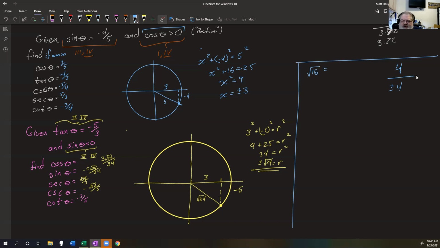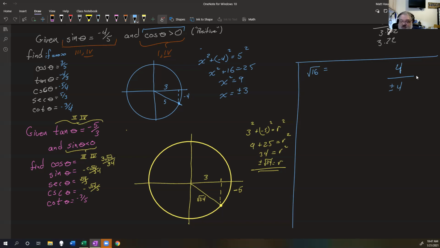The square root is a function, right? Functions have one rule. To be a function, every input has to have one and only one output. Every question has to have one and only one answer. That is the fundamental definition of being a function.